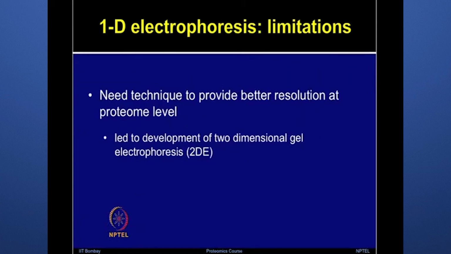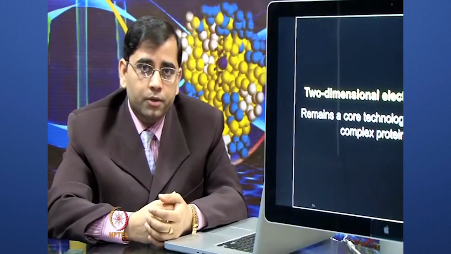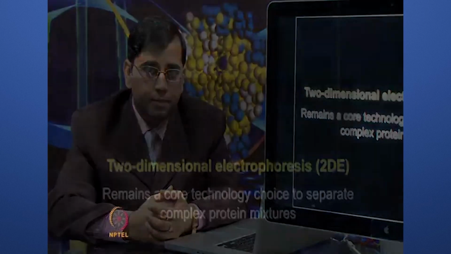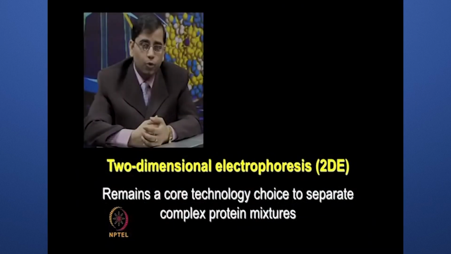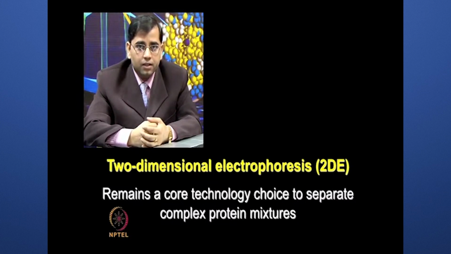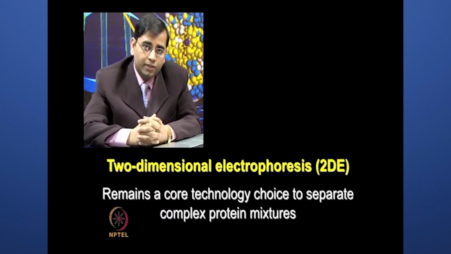So to overcome these types of limitations and to obtain better resolution of protein separation, two-dimensional electrophoresis was applied. Now let's talk about two-dimensional electrophoresis or 2DE. This technique was first used in the 1970s, so it has a very long history of being used in laboratories for several years.